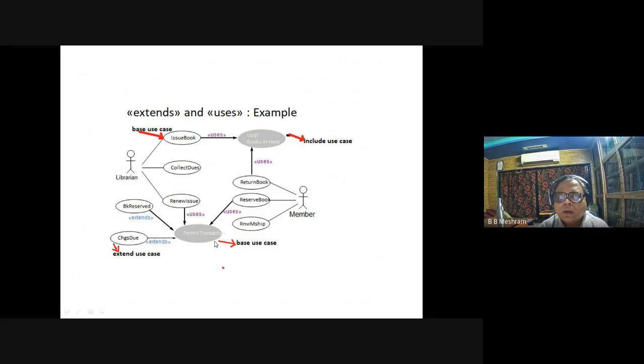Now here member is returning the book. Return book use case is also using the update books in hand. So in this use case diagram, update books in hand is an include use case, a common functionality which is used by more than two use cases, and therefore you can claim that this is an include use case.